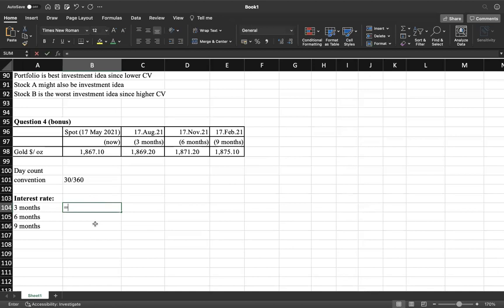3 months interest rate is equal to 3 months gold price, open the bracket, 3 months gold price minus spot price, divided by spot price.